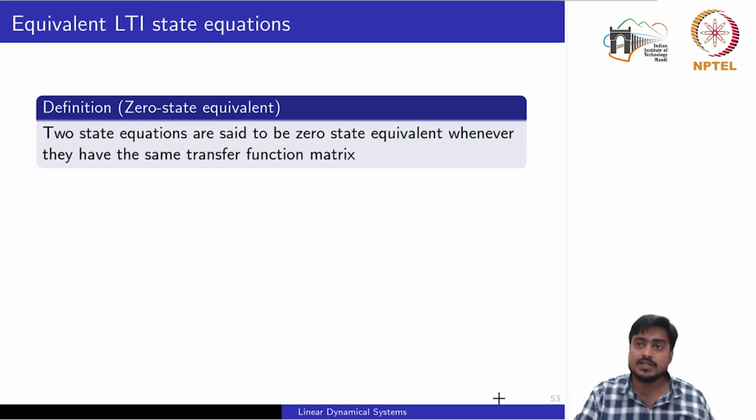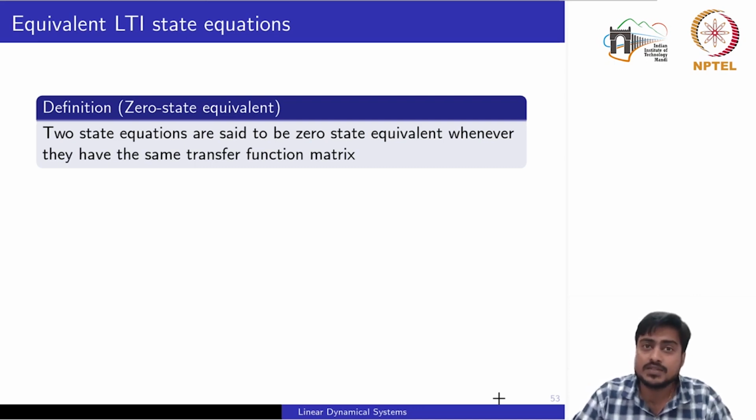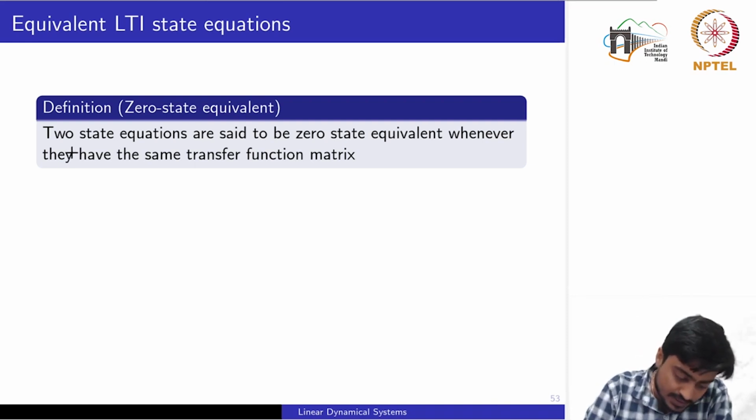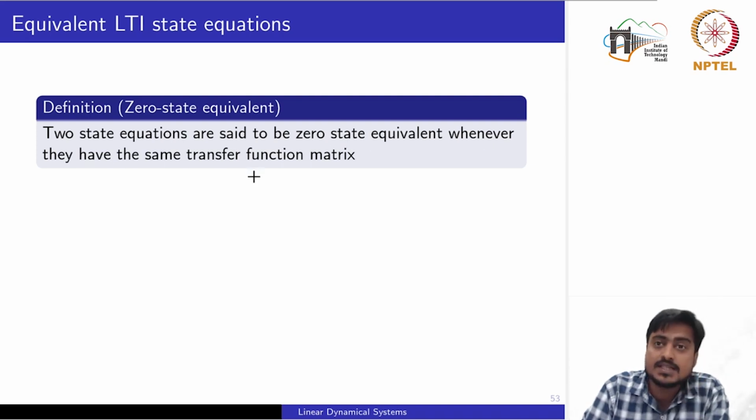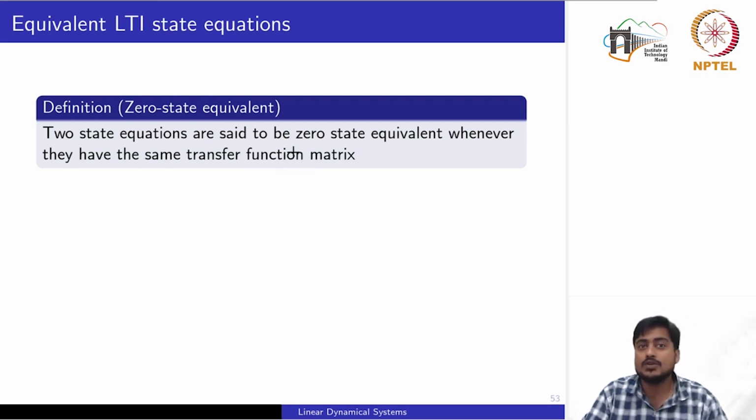Let's introduce another definition, what we call the zero state equivalence. In the last couple of lectures, we have also defined what we mean by zero state equivalent. This is a natural definition: two state equations are said to be zero state equivalent whenever they have the same transfer function matrix. So now we have introduced two definitions, one is algebraic equivalence, another is zero state equivalence.